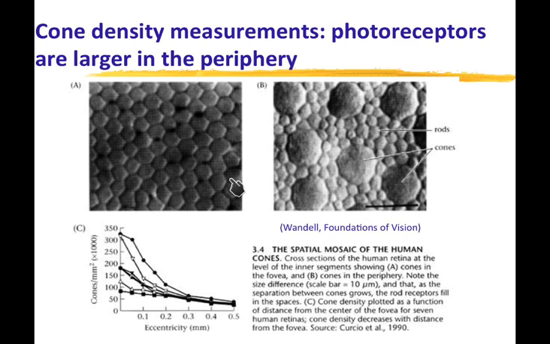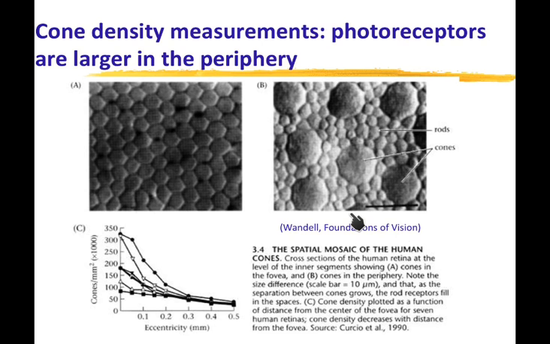So just compare the size of the cone at the fovea versus a cone in the periphery, and you can see that it's much bigger. That means that the spatial acuity is going to be lower, because if a photon hits here, or here, or here, or here, it doesn't matter where on the photoreceptor area, it's going to generate a current. And this is why, with a bigger tiling, you have a lesser visual acuity.